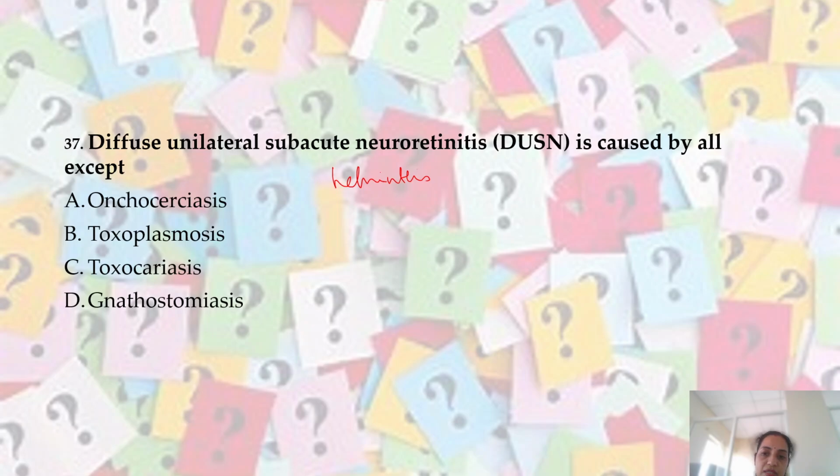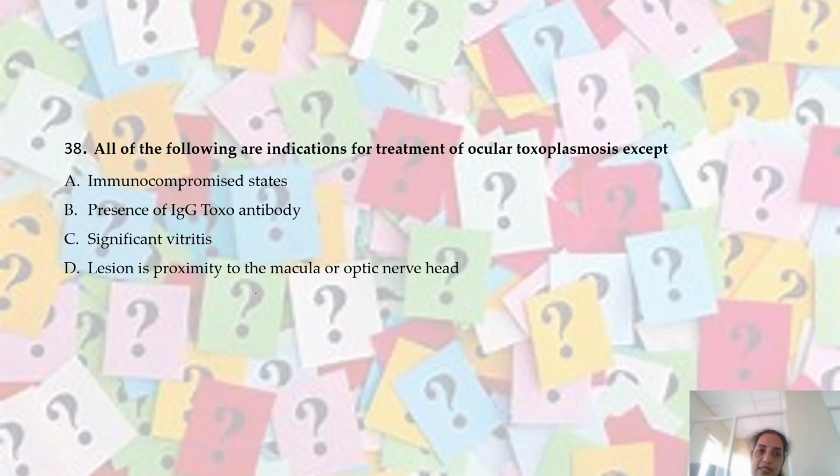So gradually, progressively, the whole of the retina becomes atrophic, and there is loss of vision. So this is usually seen in association with onchocerciasis, toxocariasis, and gnathostomiasis, but it is absent in toxoplasmosis. So toxoplasmosis is the right answer here. Toxoplasmosis usually causes focal retinitis and retinochoroiditis.